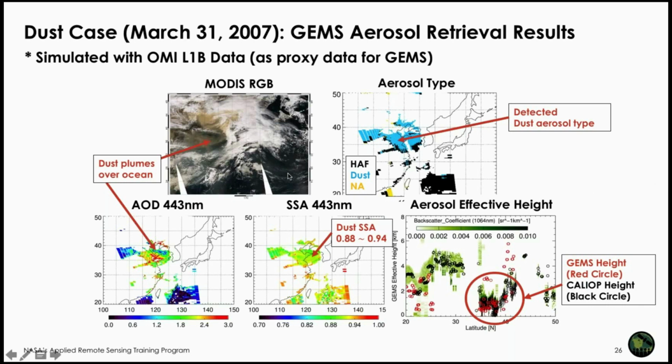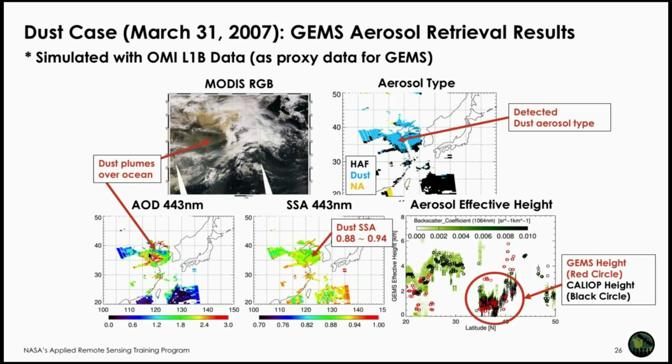So we can see this result from OMI, but we expect a similar result from GEMS. In this dust case, we can see a very heavy dust plume transported from the inland of China, and yellow color in the RGB image. In the aerosol type classification, it is also detected as dust particles very well, as a blue color in the aerosol type map.